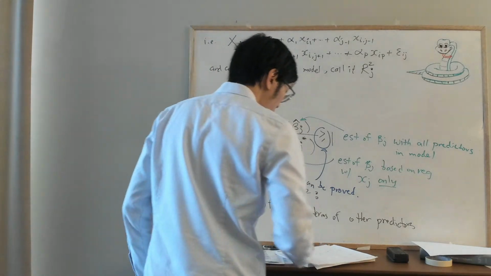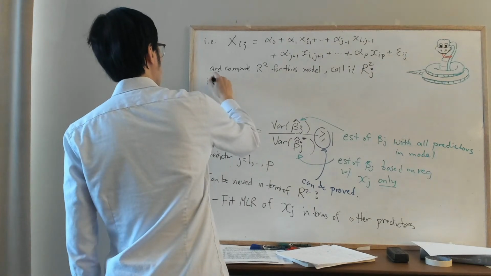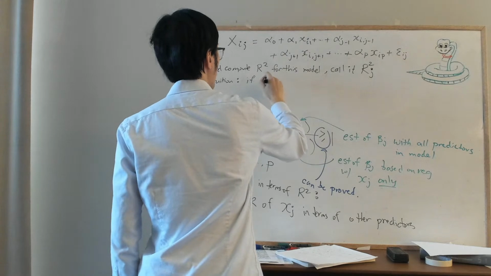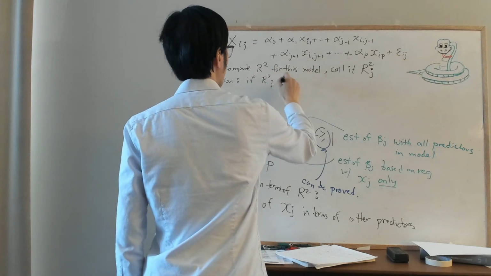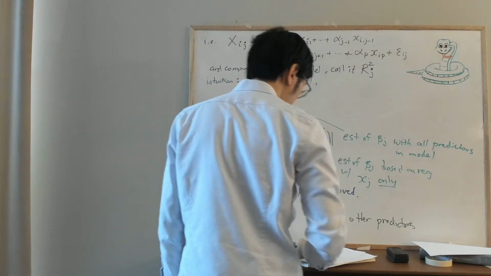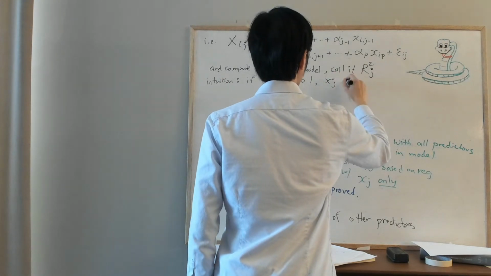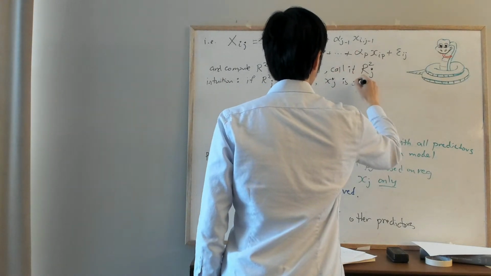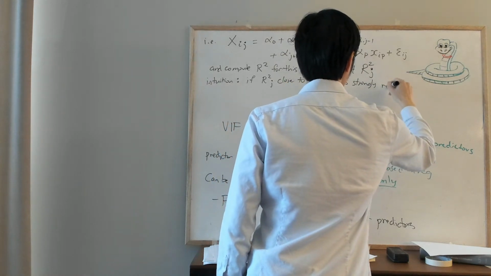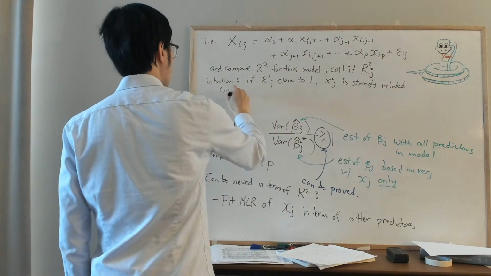Therefore, the intuition is that if R squared j is close to 1, we have that xj is strongly related linearly to the other predictors.